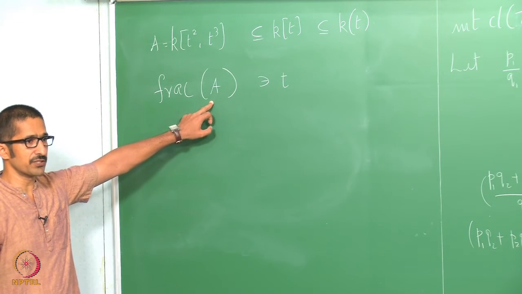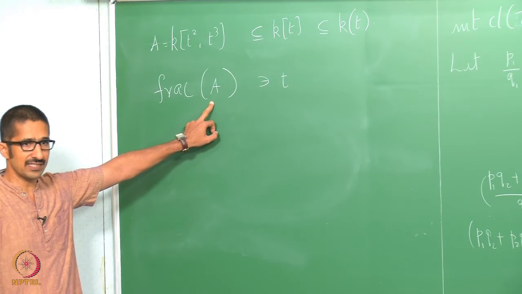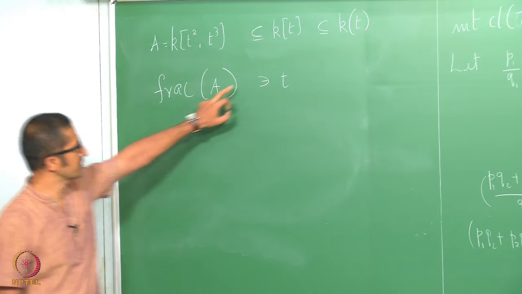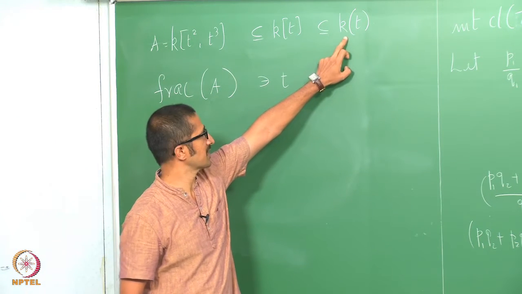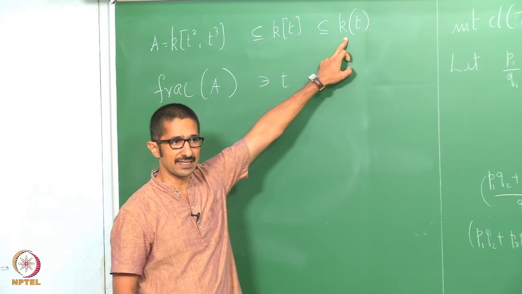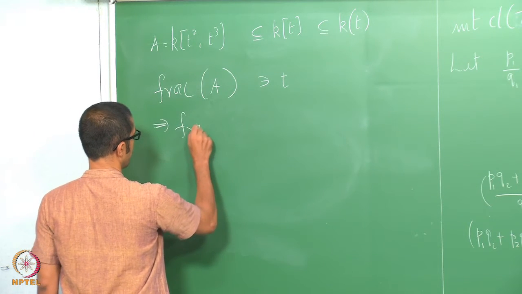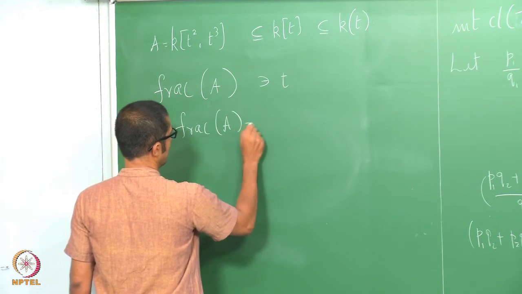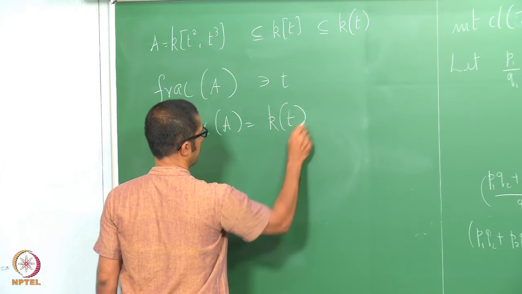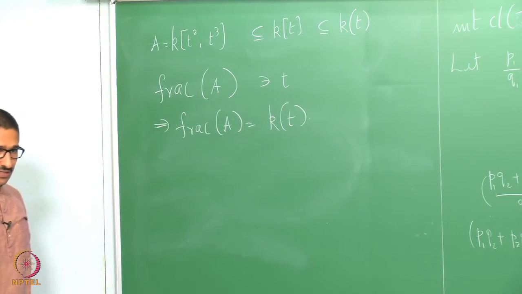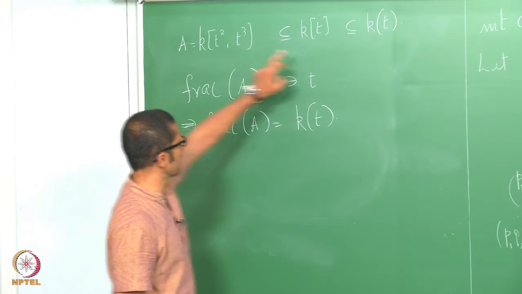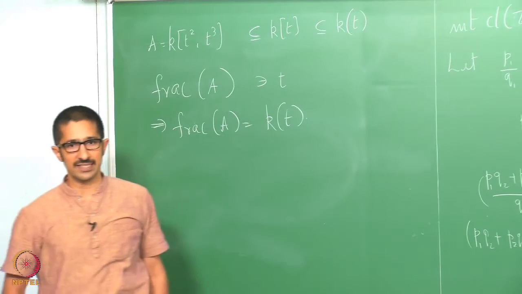So, the fraction field should contain k as well as t. So, it has to be this itself. This is the smallest field containing k and t. So, therefore, the fraction field of A is k(t) itself. So, now let us look at the integral closure of A in its fraction field, which is k(t).